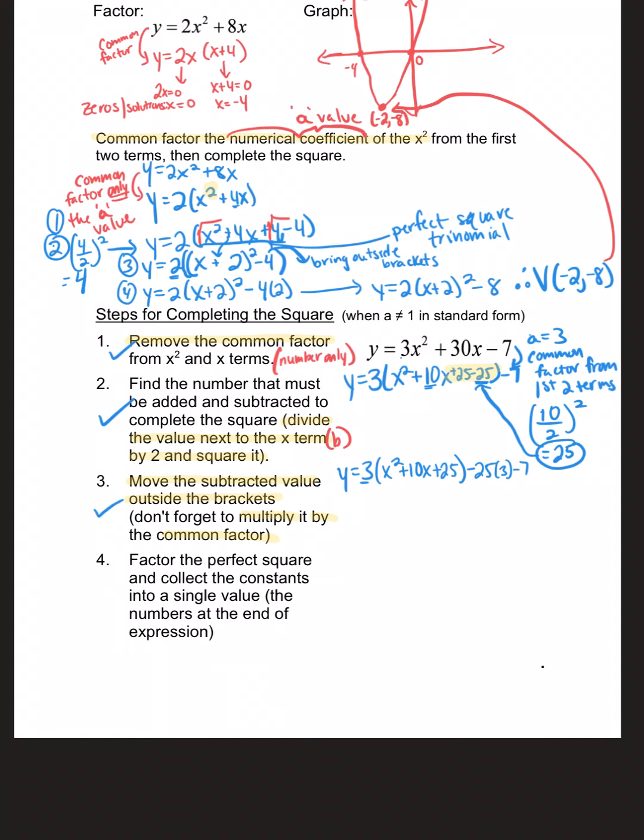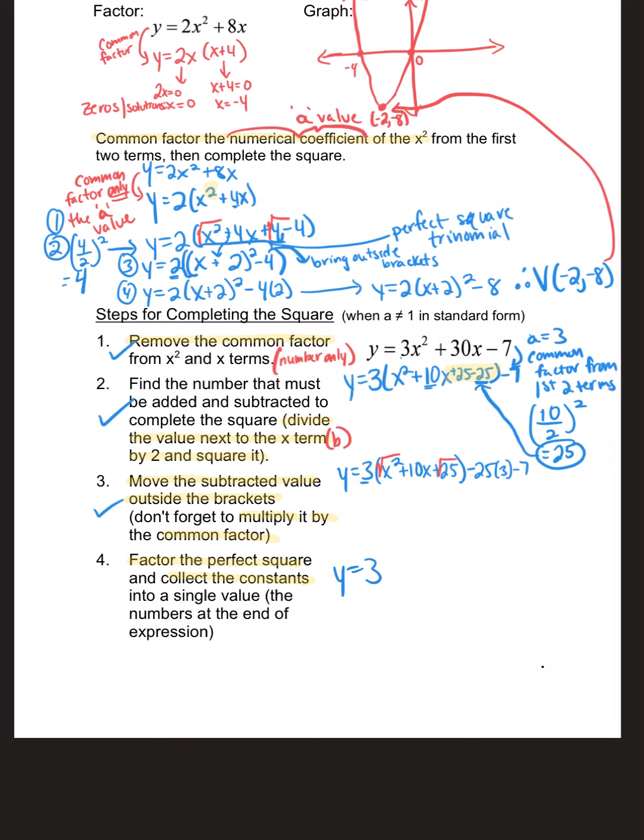All right, so that's step 4. Finally, we're going to factor the perfect square and collect the constants into a single value, the numbers at the end of the expression. If we were to factor our perfect square trinomial we just created, we take the square root of our first term and the square root of our last term.